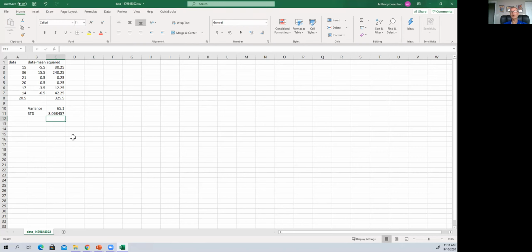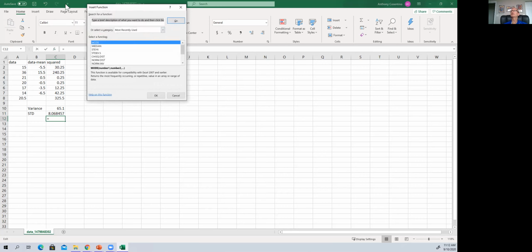I do want to point out that the beauty of Excel is that the standard deviation calculation is an important one, and they have built-in functions for that. Let me show you up here. When we go up here, you hit more functions, and you just type in the search, standard deviation, and you hit go.